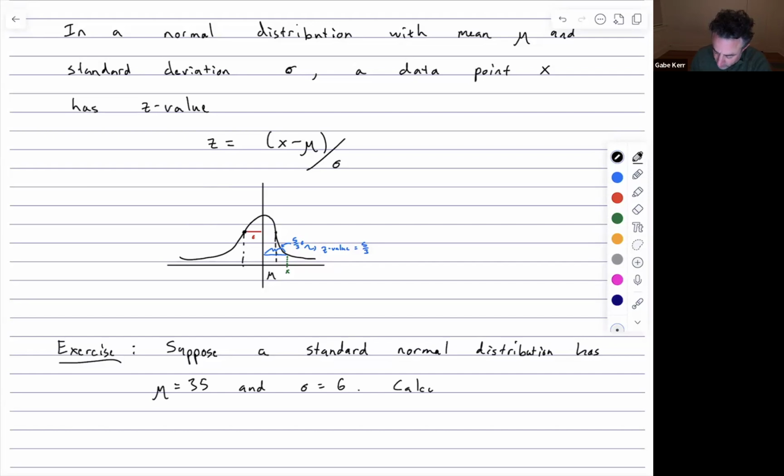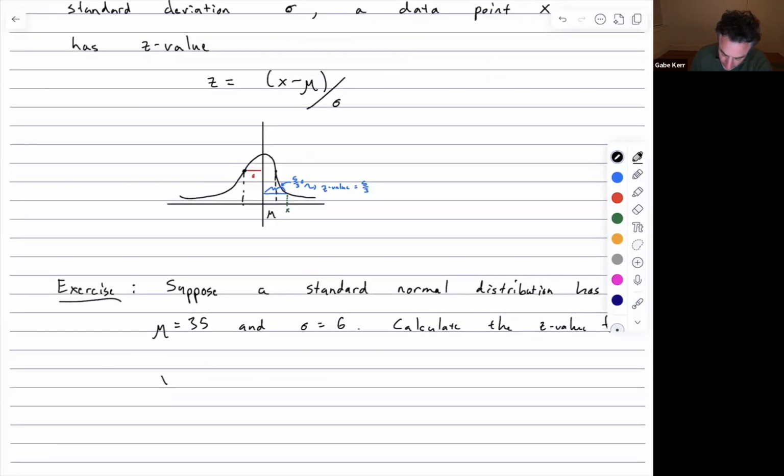Calculate the z-value for x equaling 47, and we'll say x1 and x2 equaling, let's say, 21.